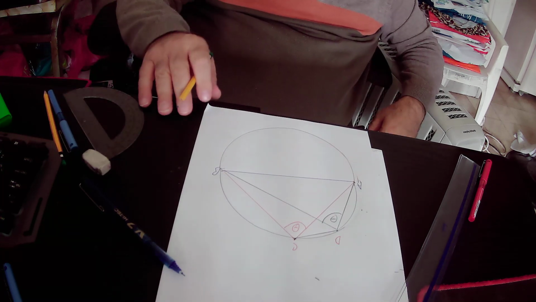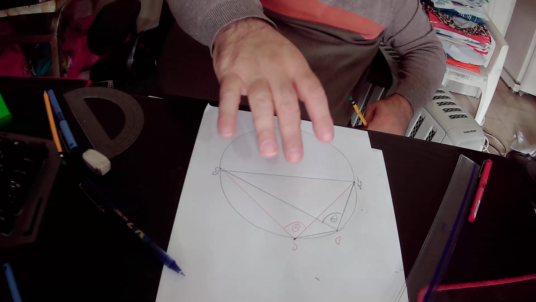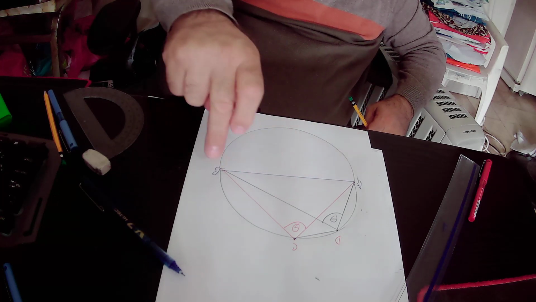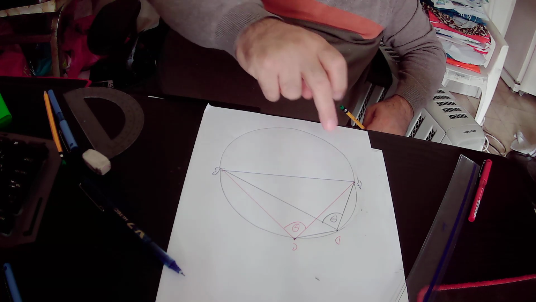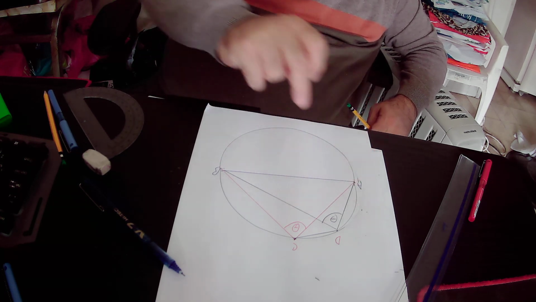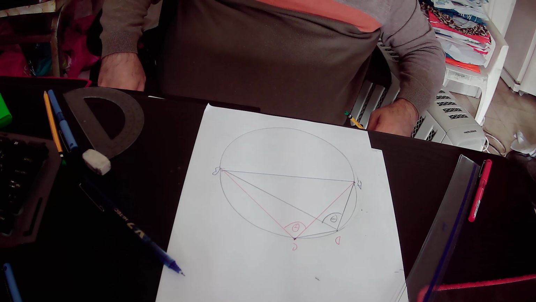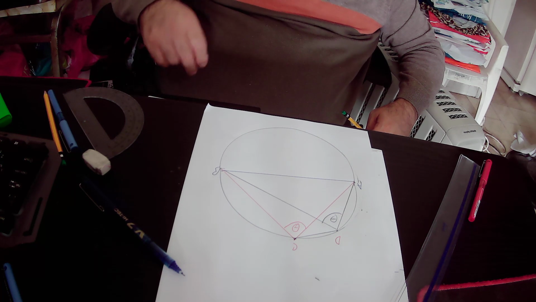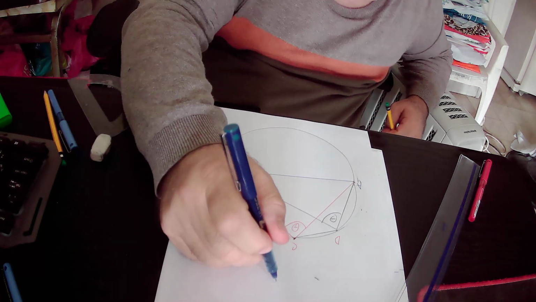As you can see from the drawing, quadrilateral ABCD is described by this black circle, and the 4 points A, B, C, and D lie on this black circle. This is true according to rule number 2.